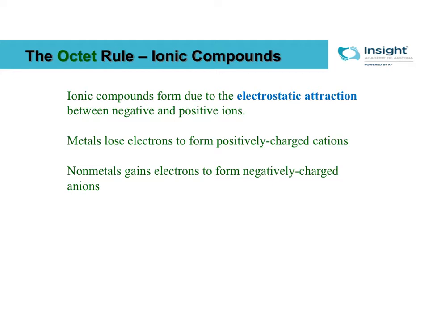Opposites attract. Keep in mind that metals lose electrons to form positively charged cations, and nonmetals gain electrons to form negatively charged anions. So another way you can think about it is your ionic compounds are always going to have a metal and a nonmetal.